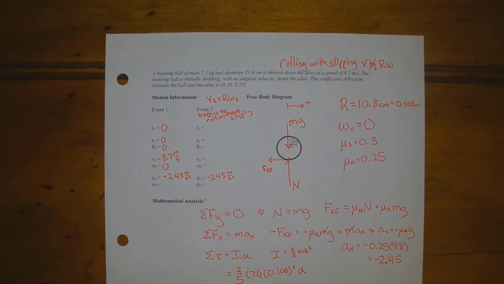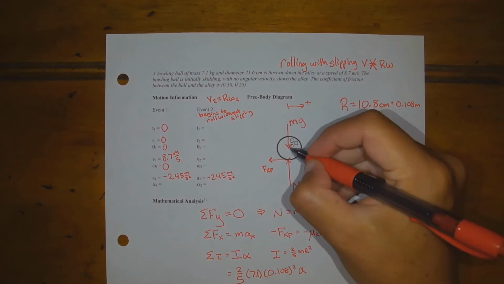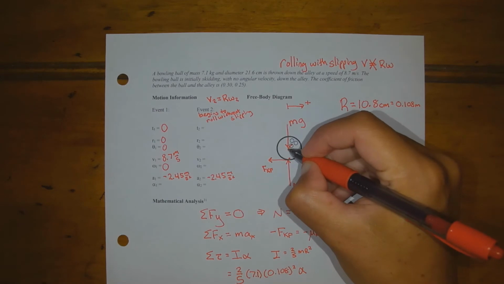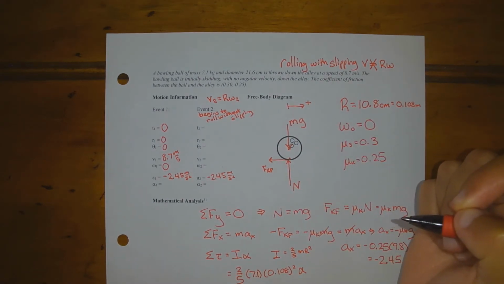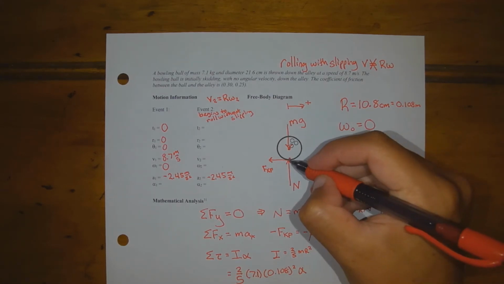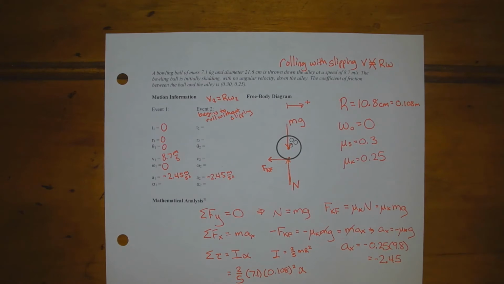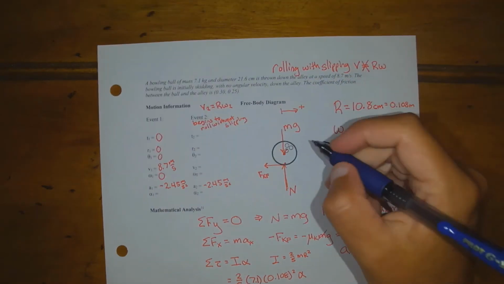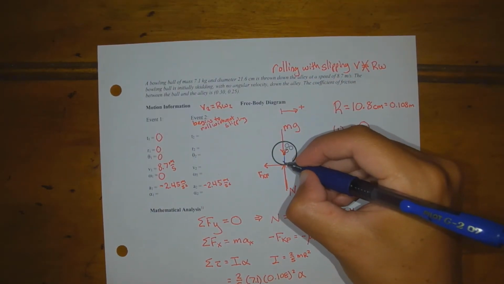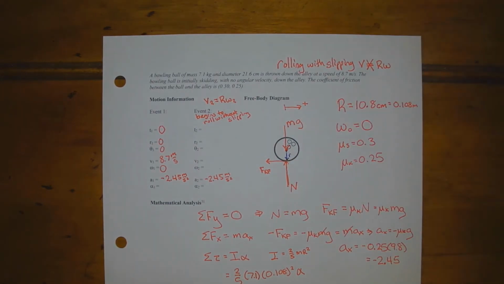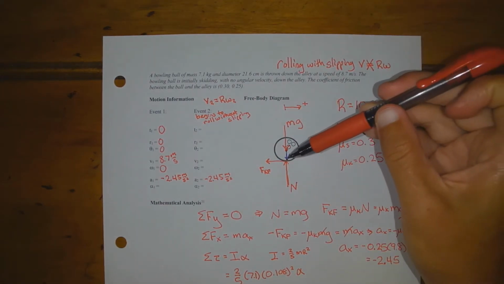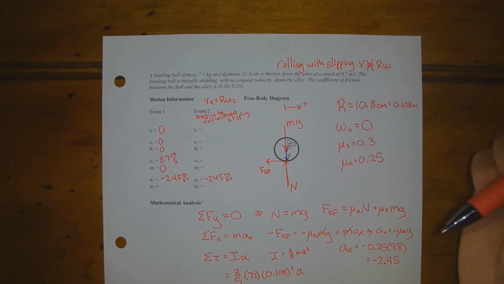Now I have to look at the torque. Well, the force of gravity is acting right at the axis of rotation. So I'm going to get 0 for that torque because r is equal to 0. The normal force is acting like this, but the vector r, which goes from the axis of rotation to the force, is pointed in the opposite direction, so the angle that you have there is 180 degrees.